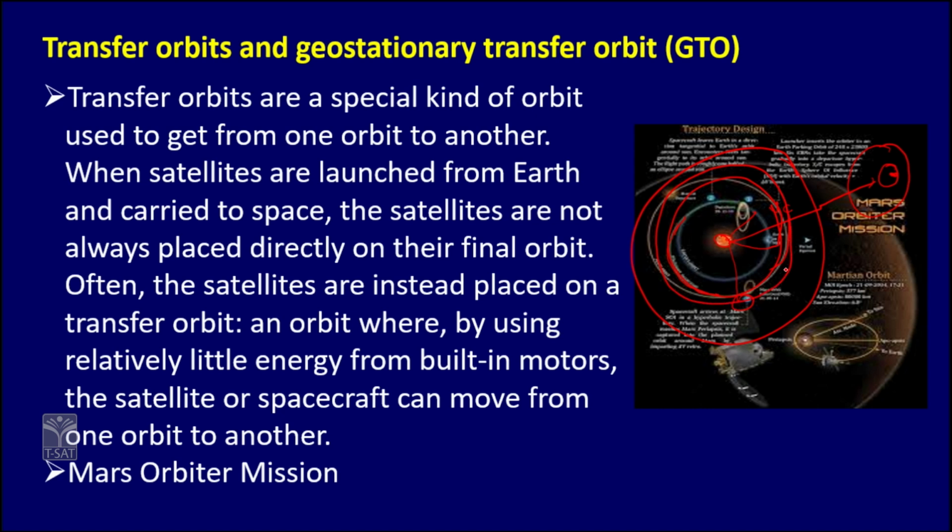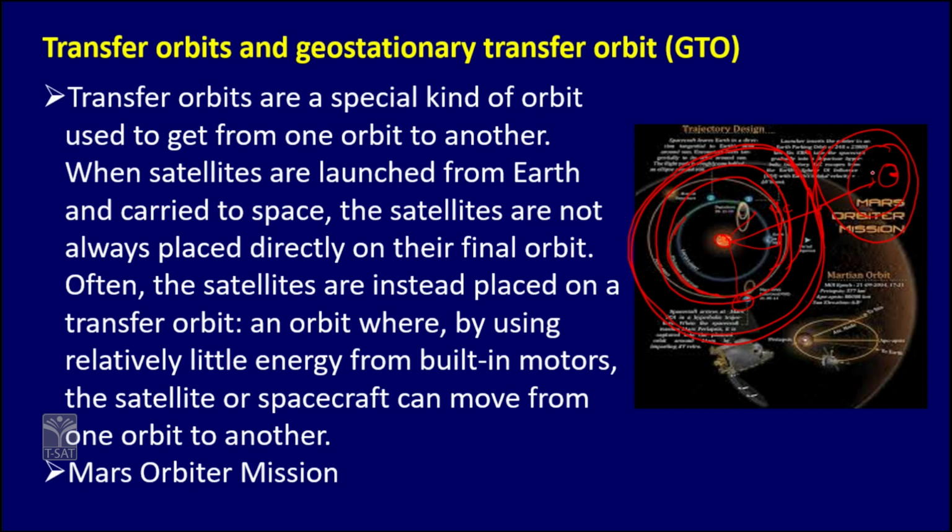From there again we gave another level, then it reached something like this. When it came here, we gave another booster, and it came under the influence of the Mars.